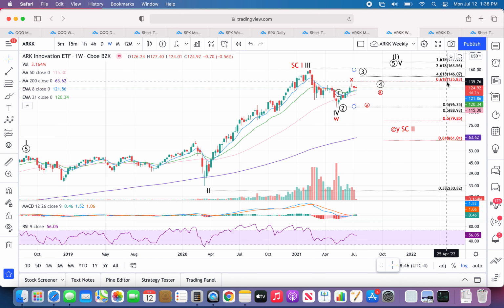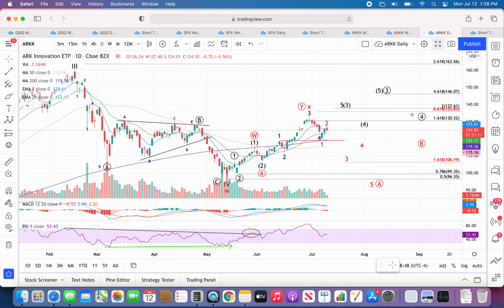Okay, so let's look at how that would count on the daily. And I think here I can give you some levels that you could really check against. So under the potential of this bearish count, if that 0.618 fib can't be broken, most likely we're in a very bearish count. Okay, so let me just back up and just state that when major tops are created, one confirming set of evidence is when other indices and ETFs do not confirm the new all-time highs.